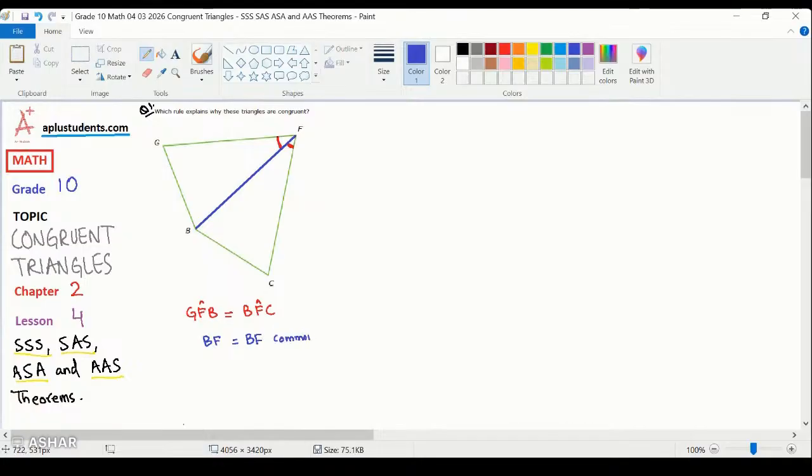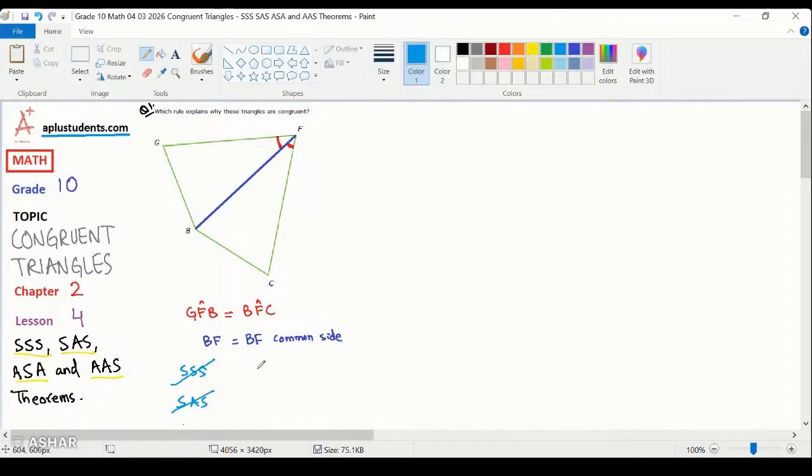In order to apply any one of these properties, that is side-side-side, we don't have three sides given, therefore we cannot apply it. Side-angle-side: we have one side and one angle, we don't have the second side, so it cannot be applied.